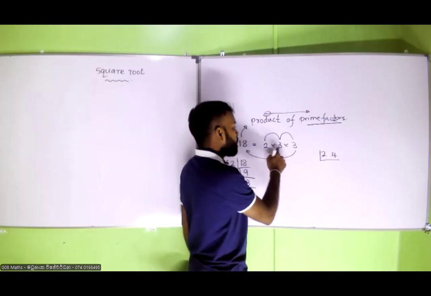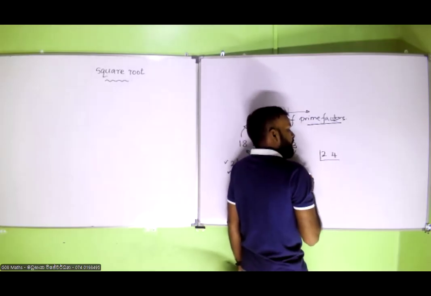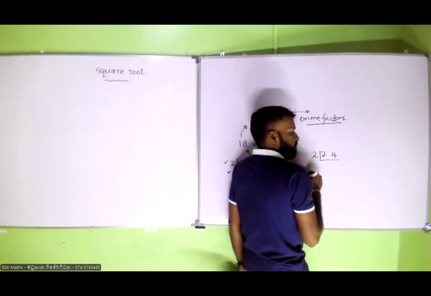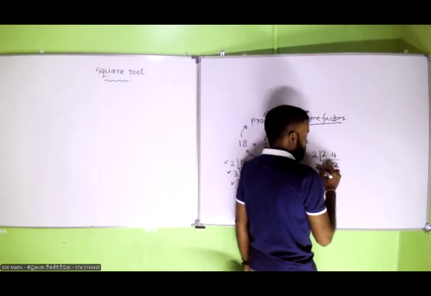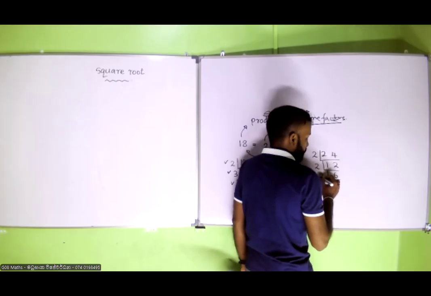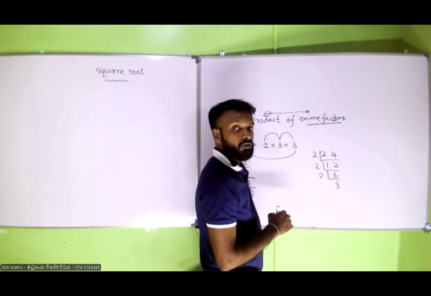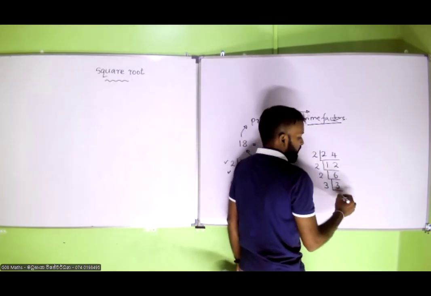So we have to divide 24 by 2. 24 can be divided by 2, so 2 times 12. Then 2 times 6. 6 can be again divided by 2, 2 times 3. Now 3 cannot be divided by 2, so you have to use the next prime factor, 3. 3 times 1.